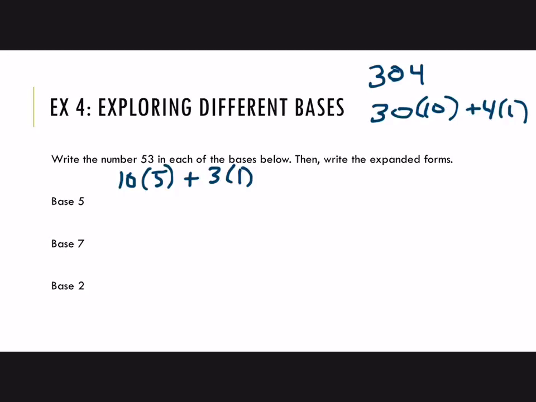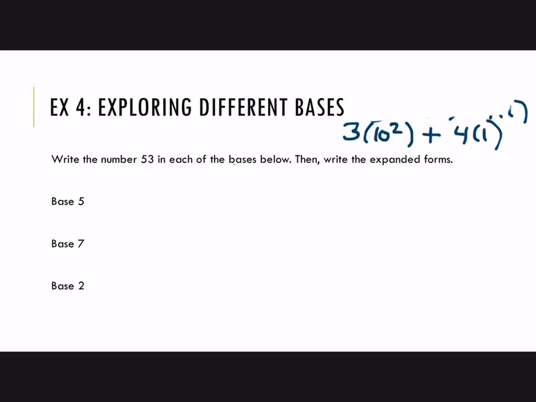I have enough to make 10 10s or hundreds, 3 groups of hundreds plus 4 1s. So anytime you have 10 1s, we group, and anytime we have 10 10s, we group into 10 squared. Now we do the same thing in base 5. So anytime we have 5 5s or 25, we group again. Right? So this is the start of seeing how the place value is different in these different bases.